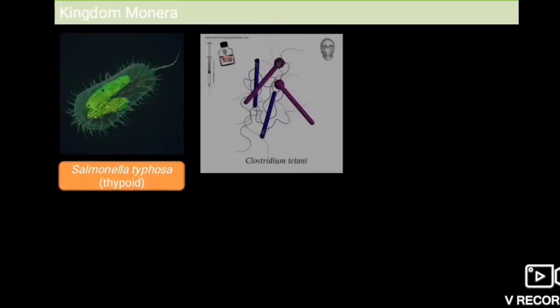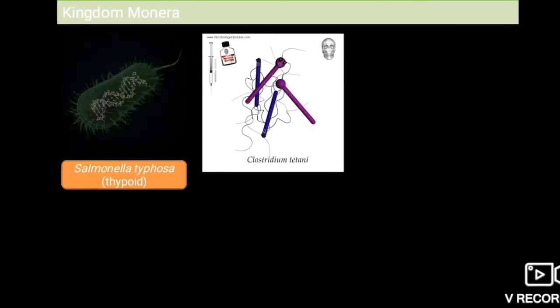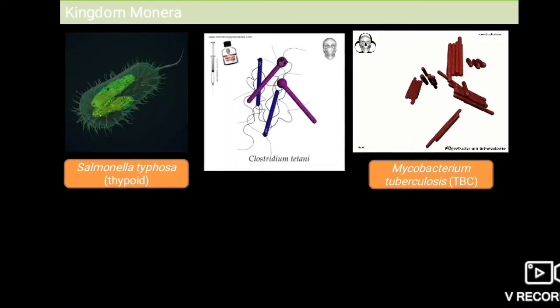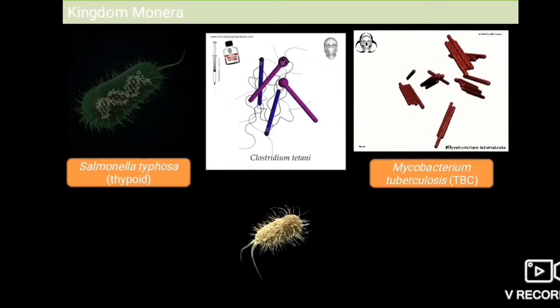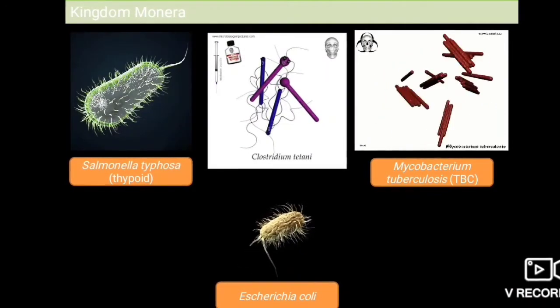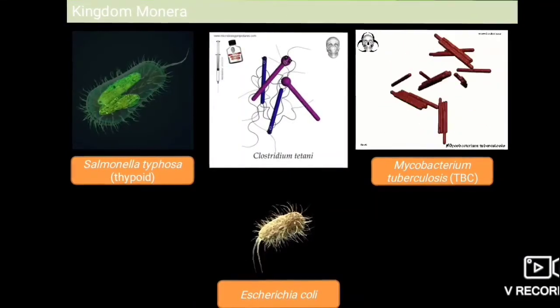It can cause typhoid disease. The second is Clostridium tetani. It can cause tetanus disease. And the last is Mycobacterium tuberculosis. It can cause TBC disease. And the good bacteria is Escherichia coli. It can help to decompose food inside the large intestine.